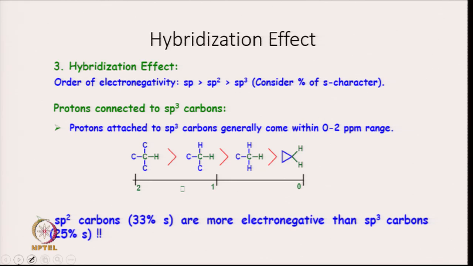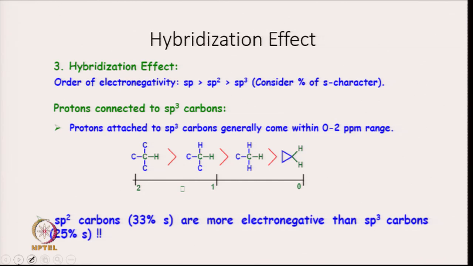As we know, a nucleus with sp hybridization is going to be more electronegative than a nucleus which is sp2 hybridized, and similarly a nucleus which is sp2 hybridized is more electronegative than a nucleus which is sp3 hybridized, and that is because of s character. So, if s character increases, electronegativity is more.